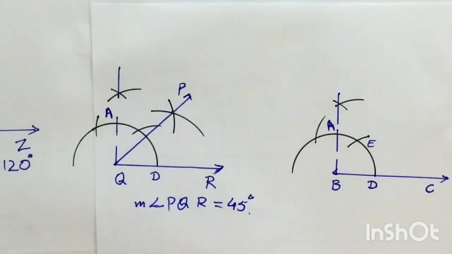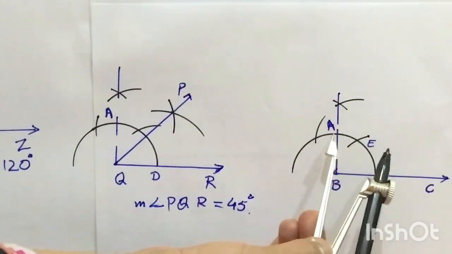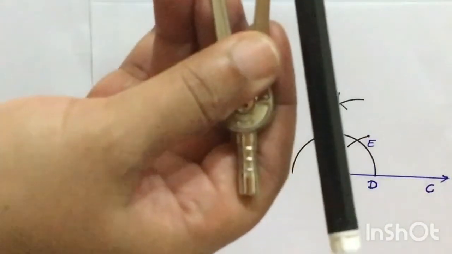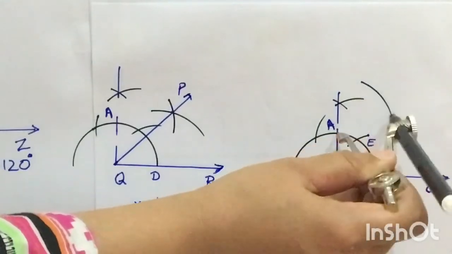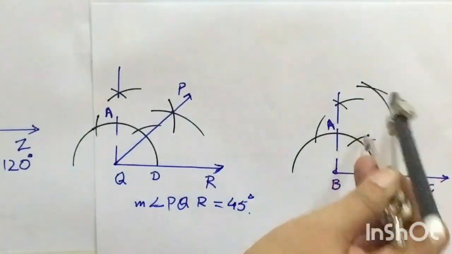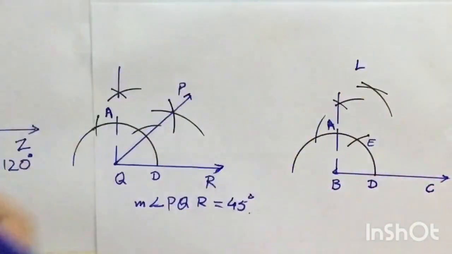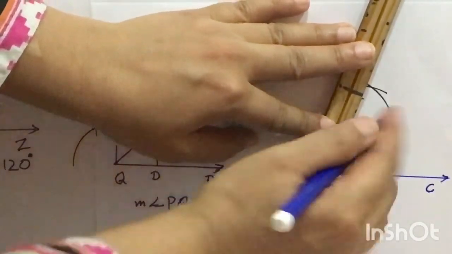Again, to get the angle of 75 degrees, I will bisect the part of the semicircle which is represented by points A and E. Again, taking any size of width, placing the needle of the compass at point A, I will mark an arc, and again with center E, I am going to mark an arc which bisects the previous one at a point, say L. Now by joining L to B, we get an angle of 75 degrees.